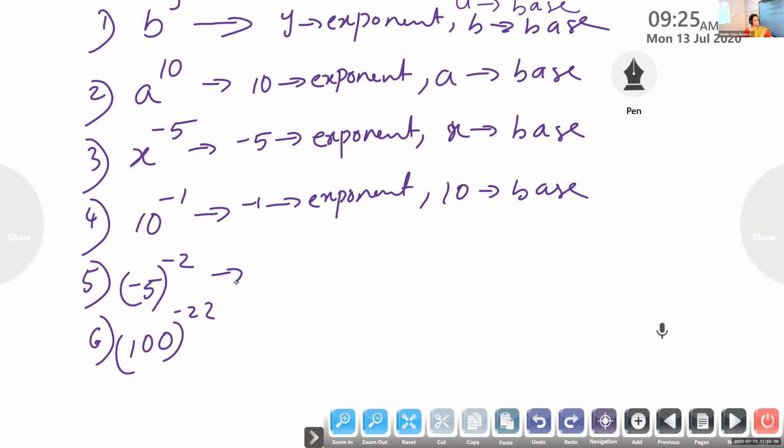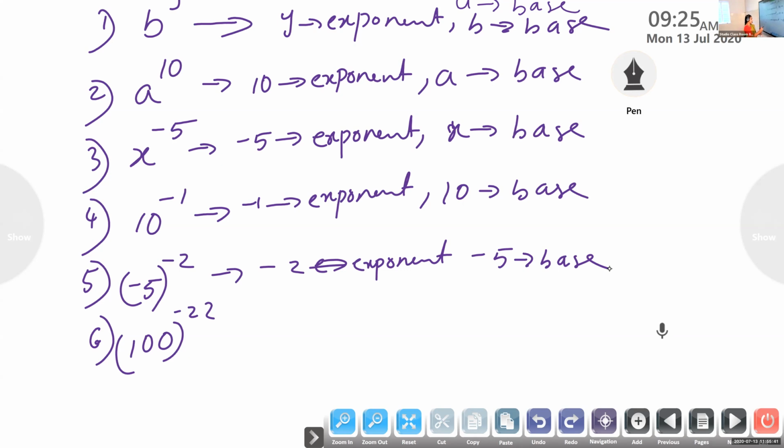Next one, Nikila, -5 the whole raised to -2. -2 is exponent and -5 is base. 100 raised to -22.